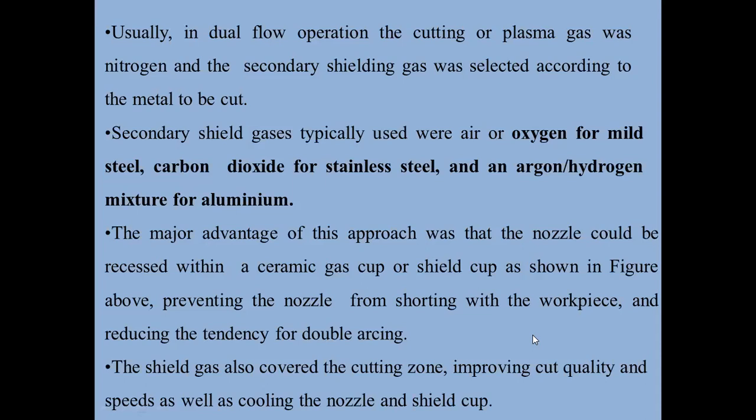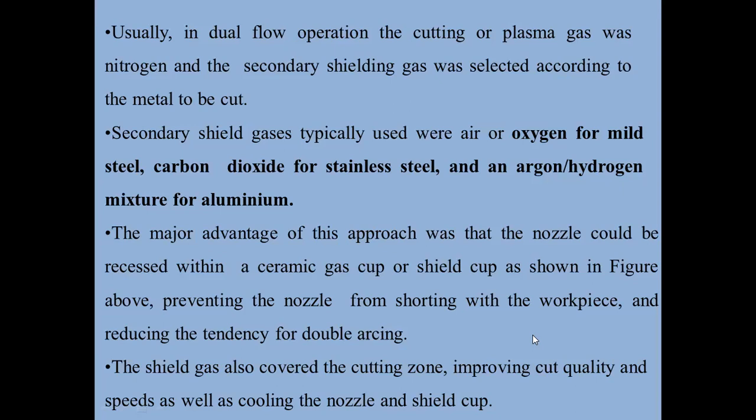So we have two gases. One plasma gas for cutting will be always nitrogen, and the secondary shielding gas based on the type of material that we are going to machine. Okay, for mild steels and steel materials, oxygen, air, carbon dioxide, such kind of shield gases are applied. Coming to aluminum and such allied materials, argon and hydrogen are applied.